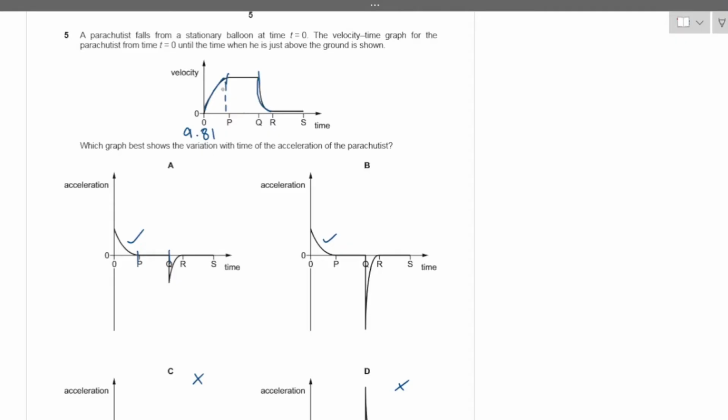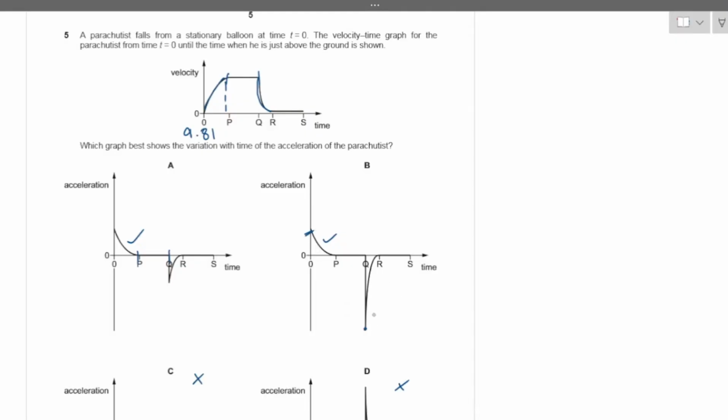Over here, acceleration is decreasing over a longer time period, whereas over here it is decreasing in a shorter time period. The gradient is a large value here, which means the acceleration must also be larger than the initial acceleration. That means it must drop to a lower value than it was initially.